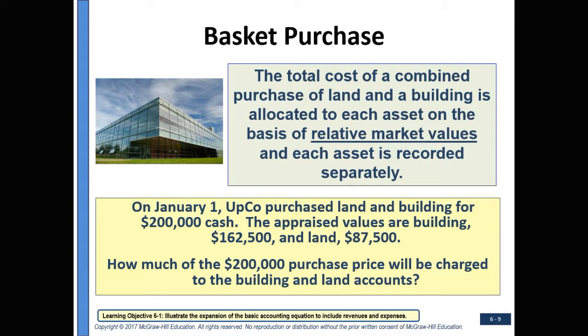And then the land itself, without the building or anything else, has a value of $87,500. These are their relative market values. So the question is, how much of the $200,000 purchase price will be charged to the building and then to the land accounts? Because those are treated differently. They are separate assets, and we need to record them separately.